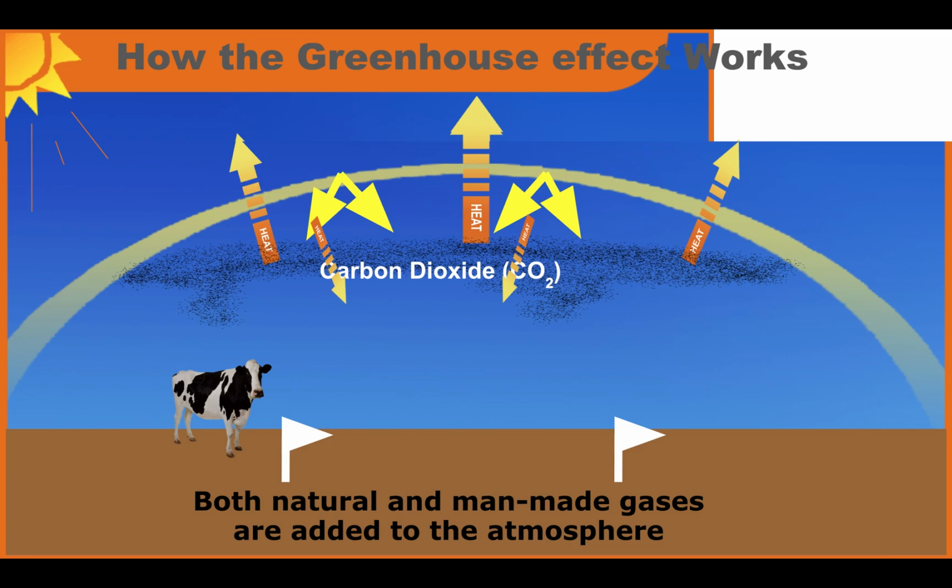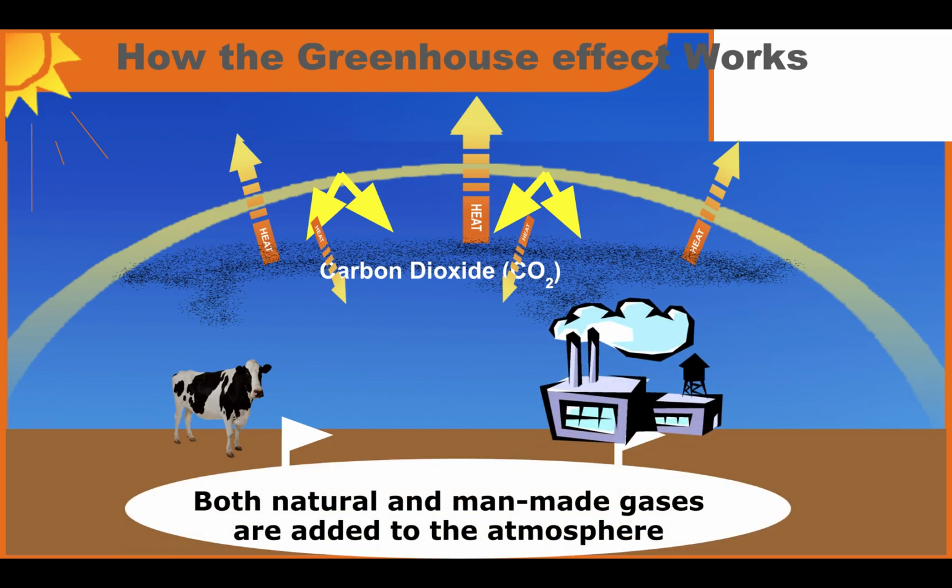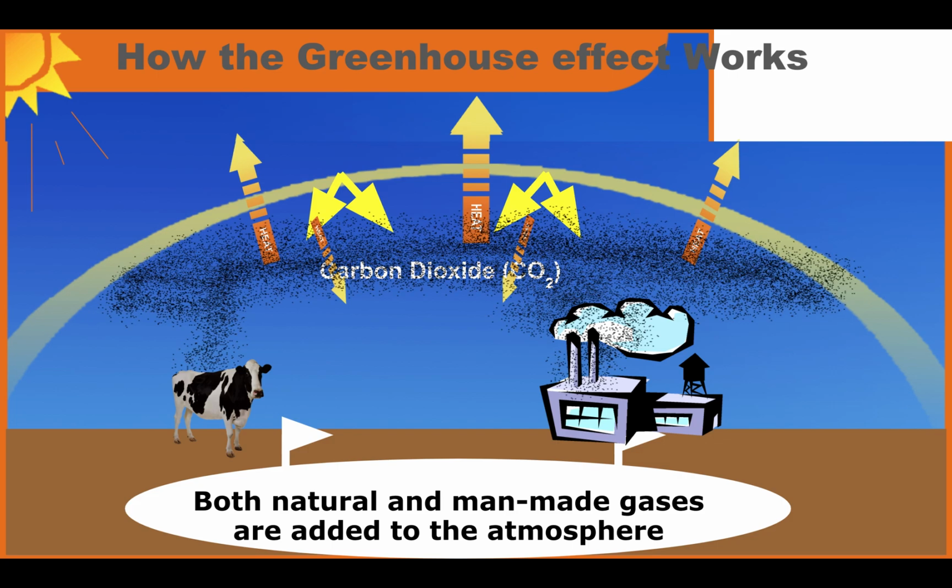It's actually good. Without those greenhouse gases, the surface of our Earth would be too cold to live on. We want a certain amount of greenhouse gases to trap heat inside so that it's livable on our Earth. The problem is once we introduce factories and cars, we increase the amount of greenhouse gases in our atmosphere by a lot, which causes the heat to go way up.